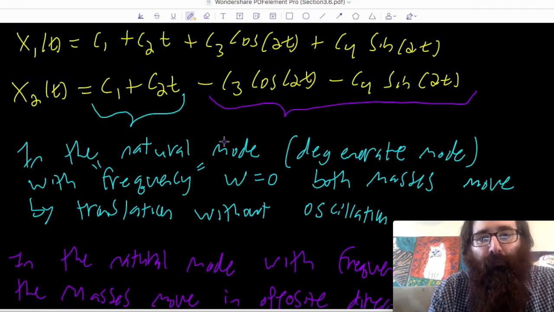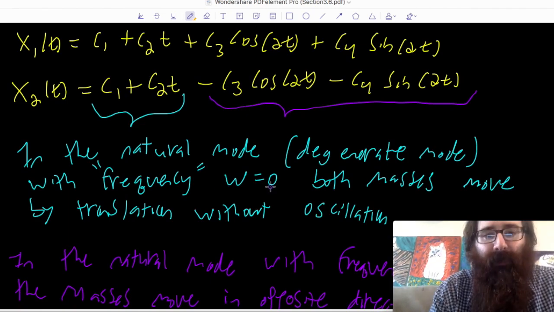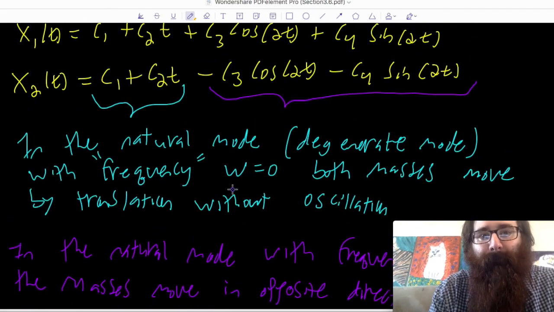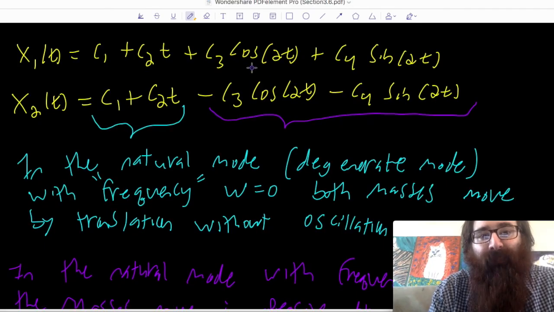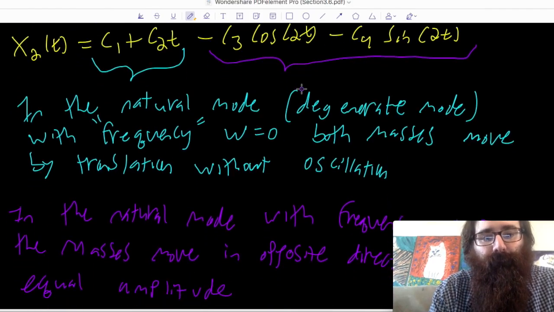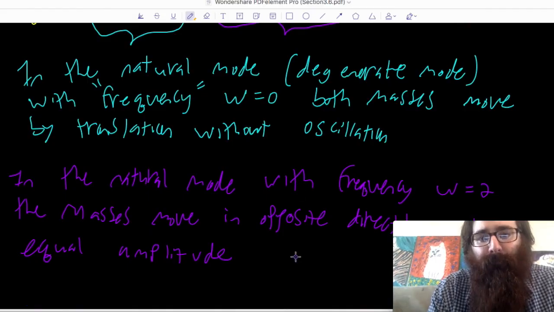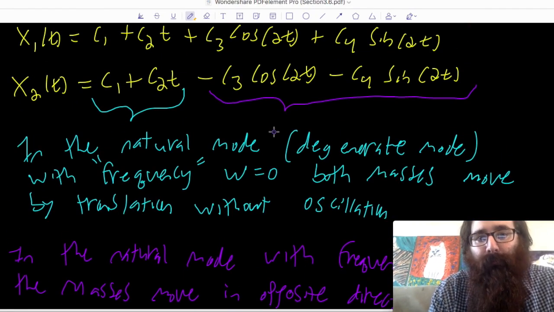We say in the natural mode with the degenerate mode with frequency omega equals 0, both masses move by translation without oscillation. But then we do have a true natural mode with frequency omega equals 2, that the masses move in opposite directions with equal amplitude. So hopefully that information about the opposite direction equal amplitude makes sense.